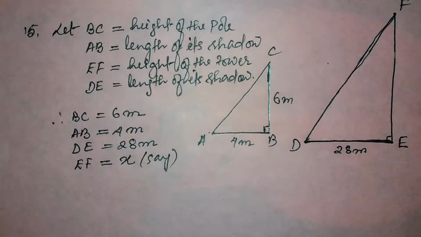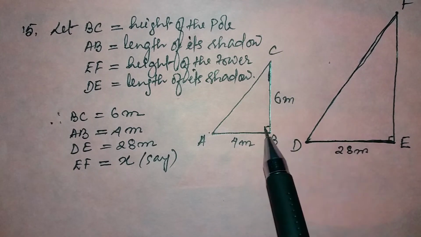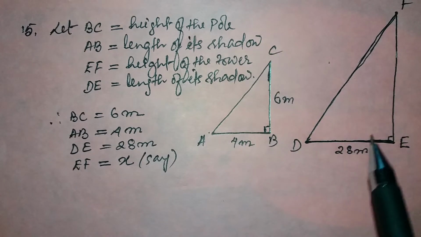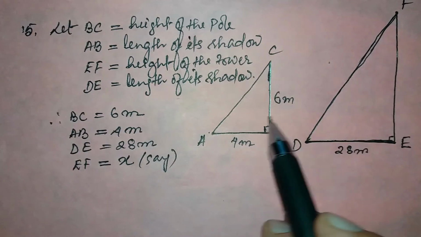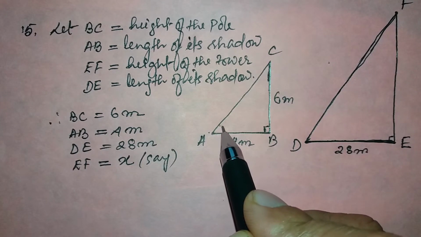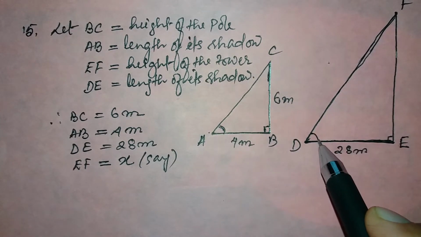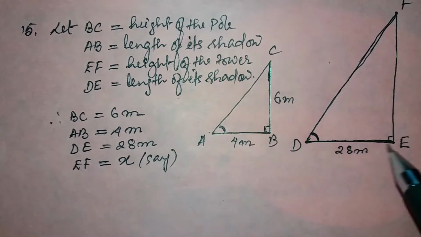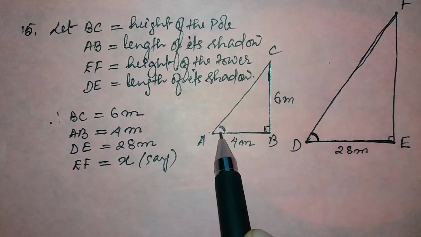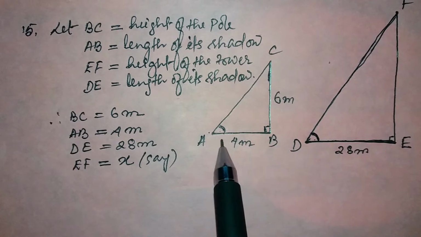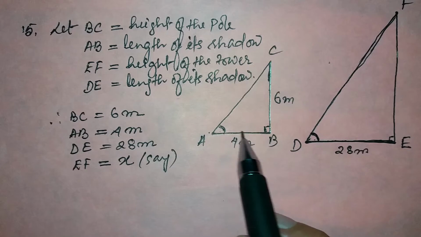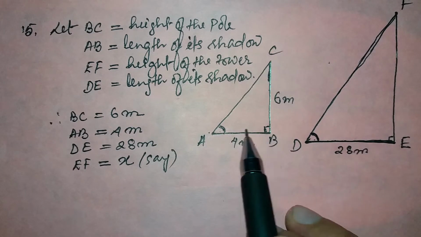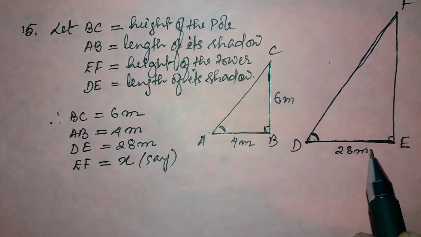So in this question, these two take place at the same time, which means the angular elevation is the same. That is, this angle and this angle are equal. Here this is 90 degree, this is 90 degree. So we have two angles of this triangle equal to two angles of this triangle. Now we can say these two triangles are similar by angle-angle similarity.